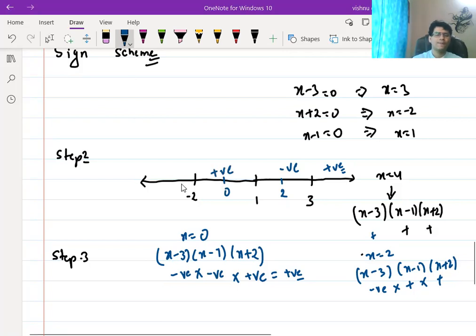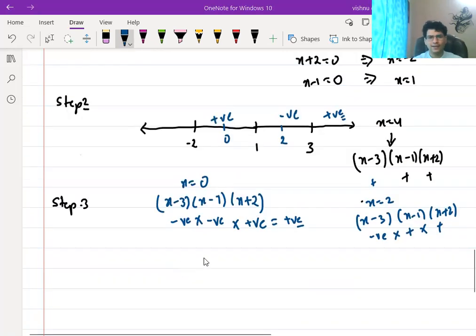And the last interval is less than minus 2. You can take anything less than minus 2. Let us take x equal to minus 3. Very good. It will be x minus 3 into x minus 1 into x plus 2.